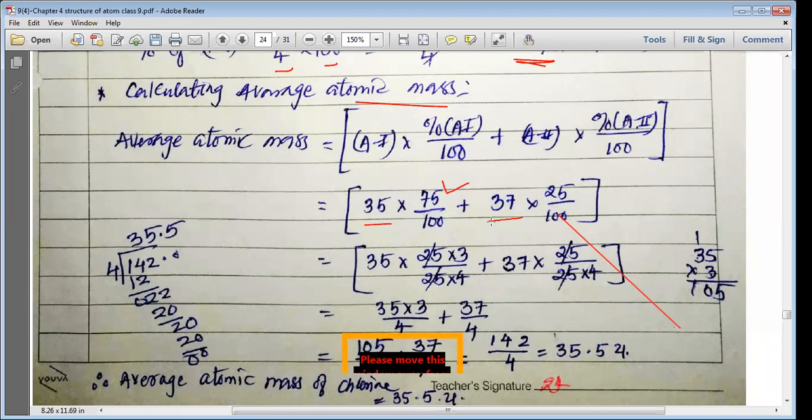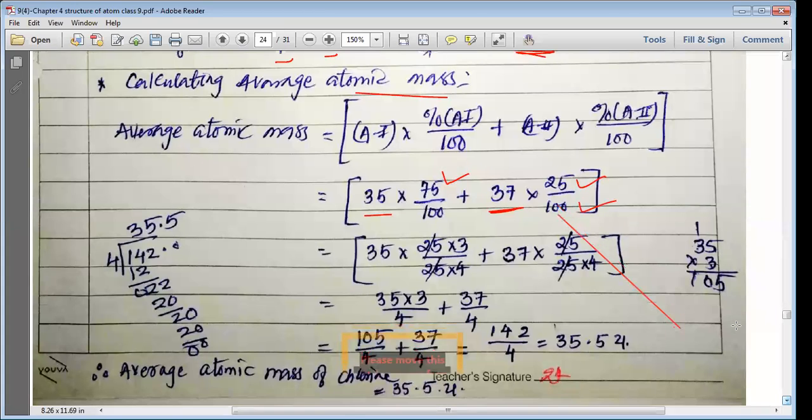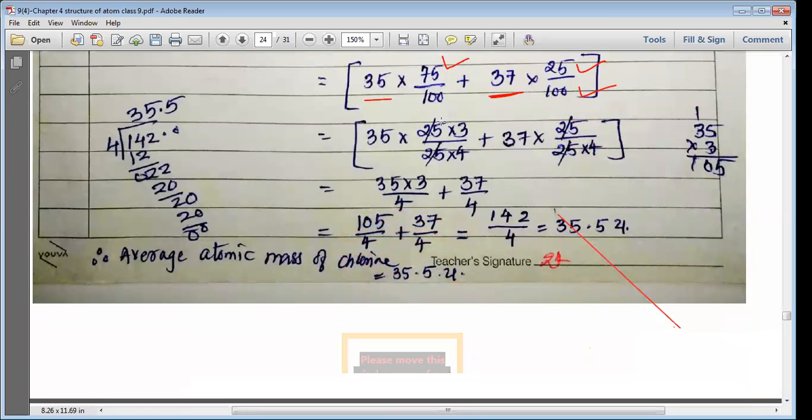A2, the atomic mass given, is 37. Percentage of isotope 2 is 25 divided by 100. So by doing this calculation, for 75 we write 25 threes, for 100 we write 25 fours, for 25 we write 25, and for 100 we write 25 fours, and thus 25 divided by 25 is equal to 1.